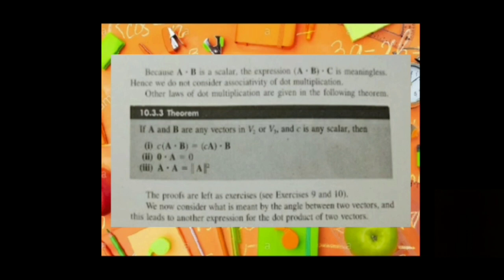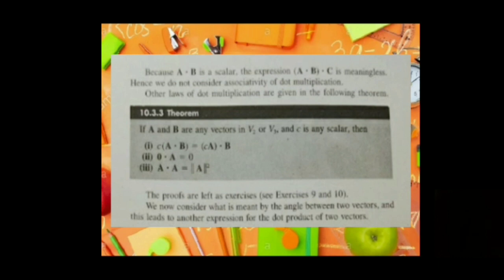In Theorem 10.3.3, if A and B are any vectors in V2 or V3 and c is any scalar, then c(A · B) = (cA) · B, 0 · A = 0, and A · A = ||A||².